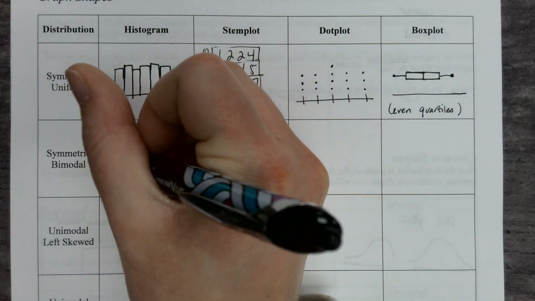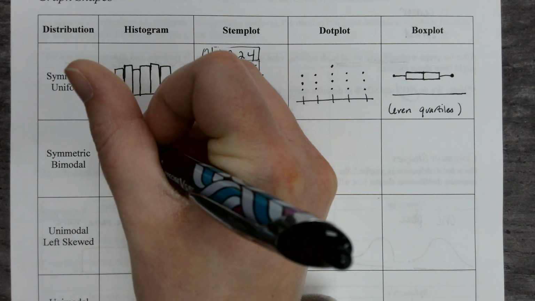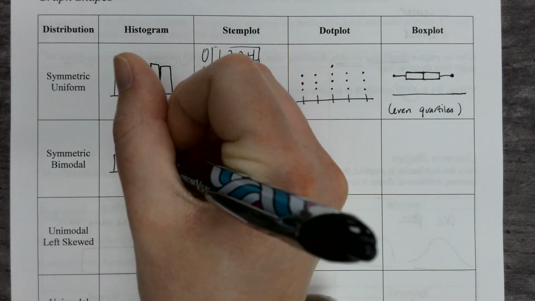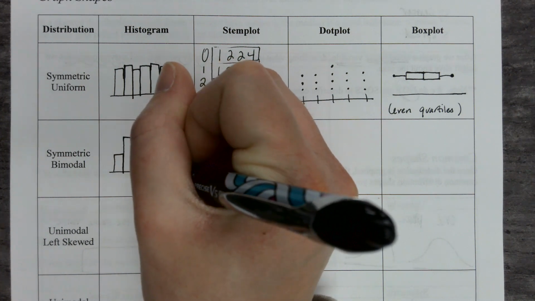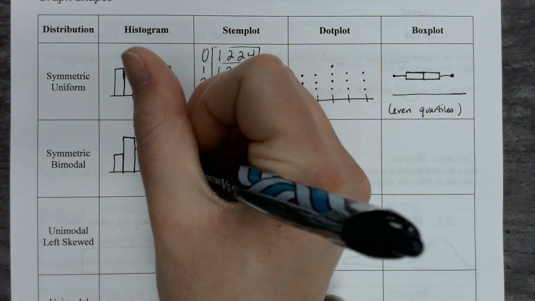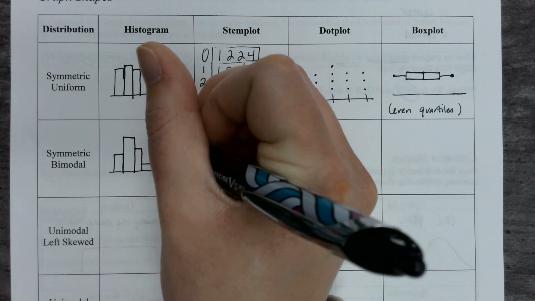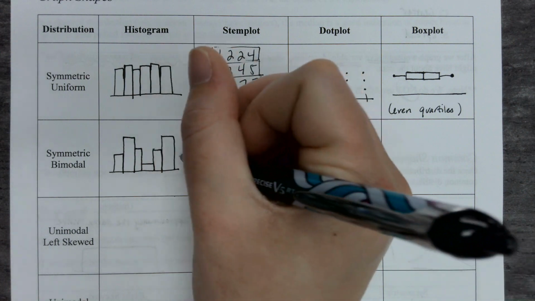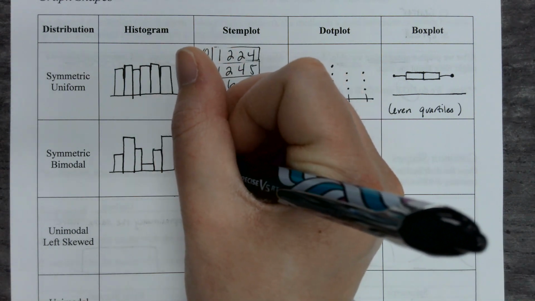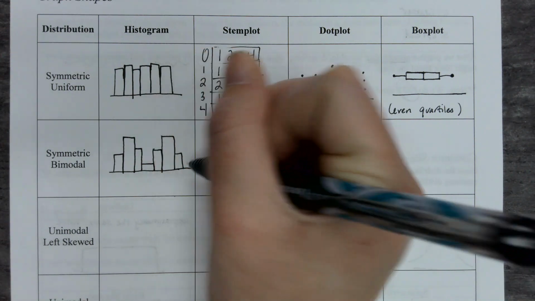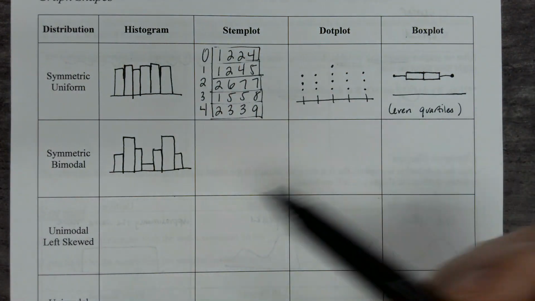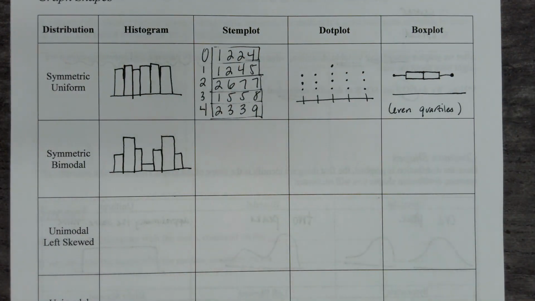So maybe I start off with something that is tiny, and then I move up, and then maybe I come back down, and then I go back down to a little guy. We move up again, go back up to the same peak, and then let's say we go back down again. So we have a bimodal symmetric distribution where I can draw my line down the middle and it's symmetric on either side.